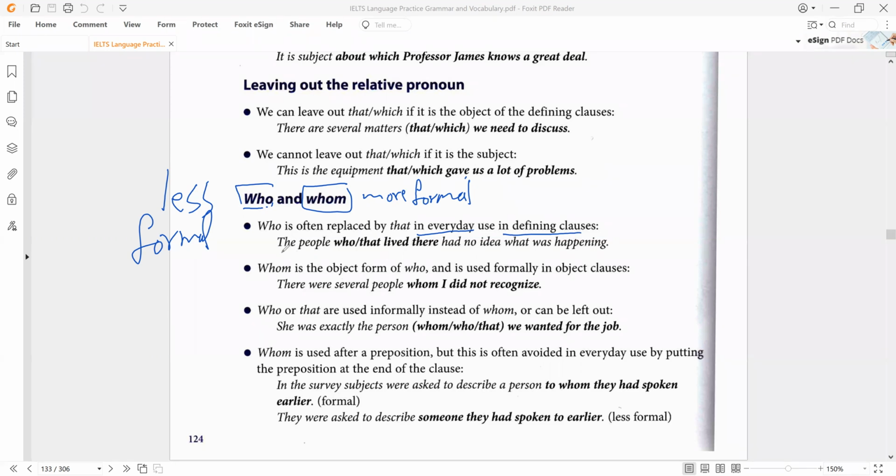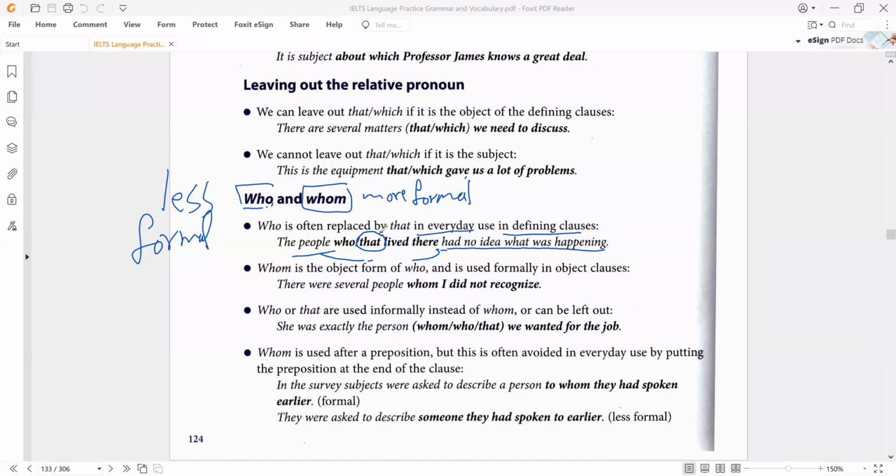The people who lived there had no idea what was happening. إذن هنا people who lived there, people اللي هو had أصل الجملة هي had no idea about what was happening, who lived there. And you can say that. Why we can say that? He said you can use who or that.